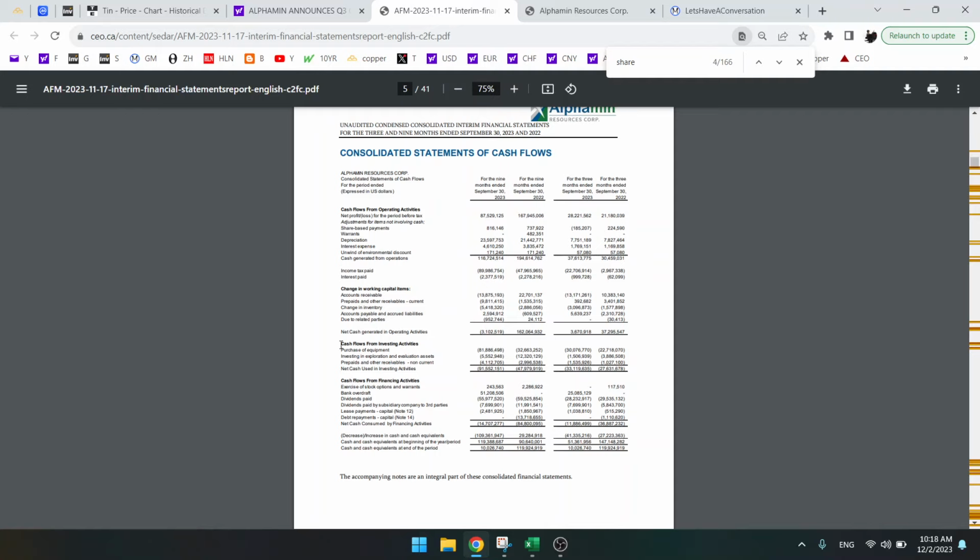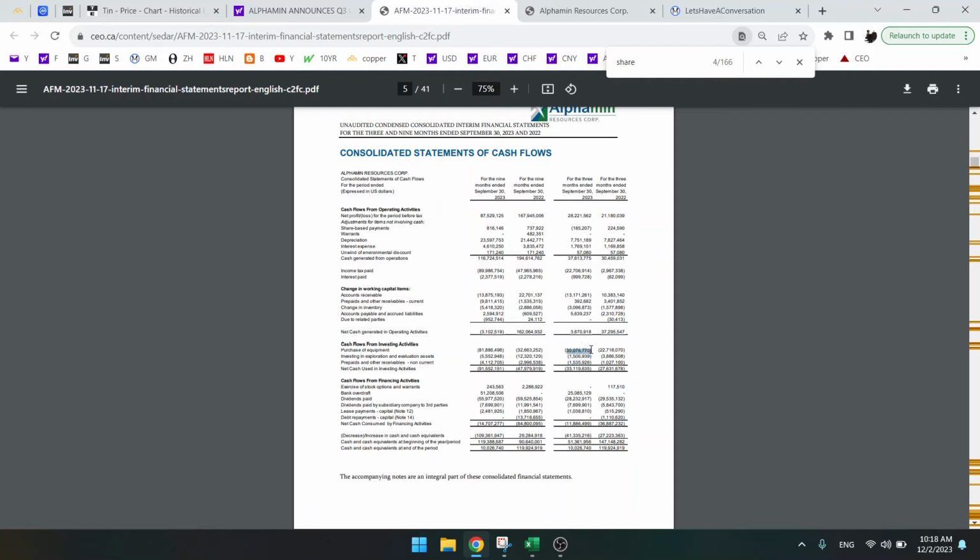We typically find that here, investing activities. They are using more capex now because they're building that second mine, but exploration is already 5 million, or 1.5 per quarter. That's 6 million.